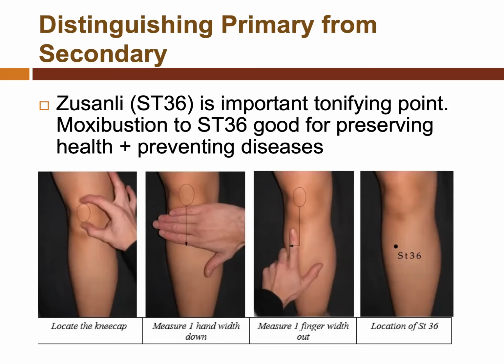So here is a diagram of how to locate stomach 36. Locate the kneecap first and then measure one hand width down. From the tibia, measure one finger width out, and that's the location of stomach 36.